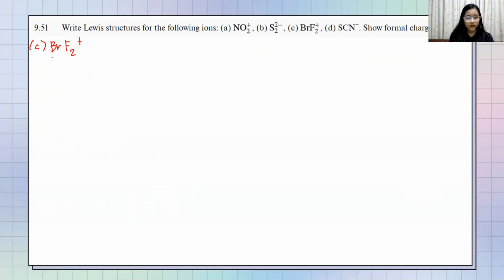So, again, we calculate the valence electrons. Since Br and F are in group 7, the valence electron is 7. 7 plus 7, and we have 2 here, so we multiply by 2, and positive charge means they lose electrons, so minus 1. So 7 times 2, 14 plus 7 minus 1 is 20 valence electrons.